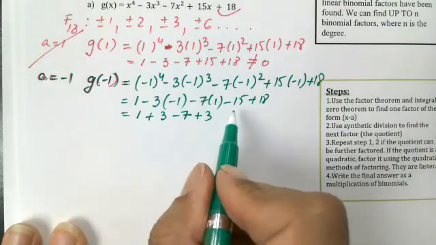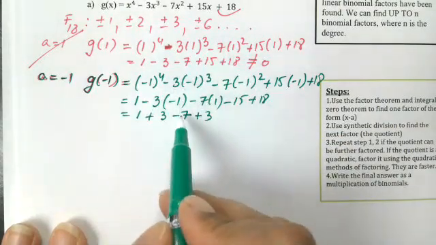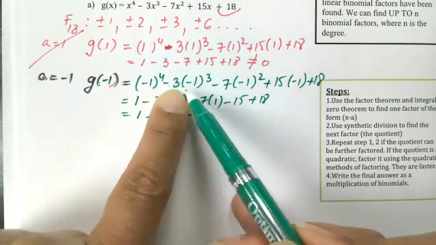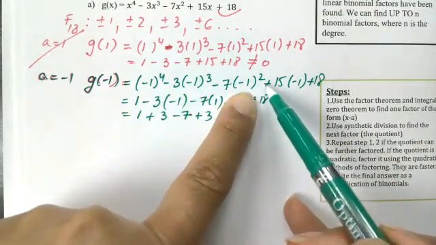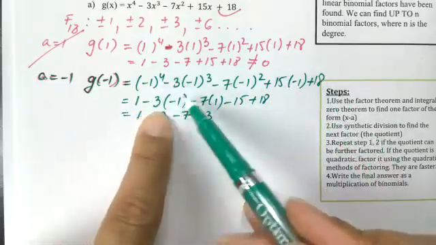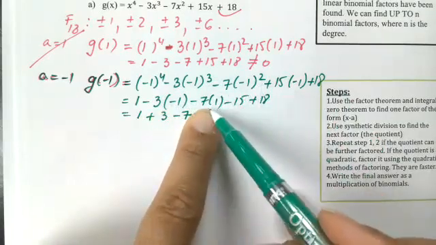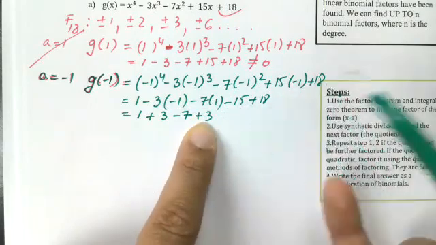I feel like I missed a number there. Let me go through it one more time. -1 to the 4 is 1, minus 3 times -1 cubed is plus 3, minus 7, minus 15 plus 18.